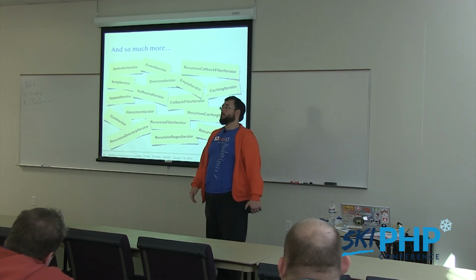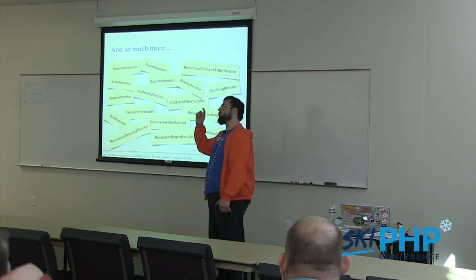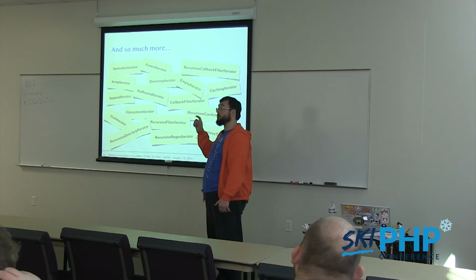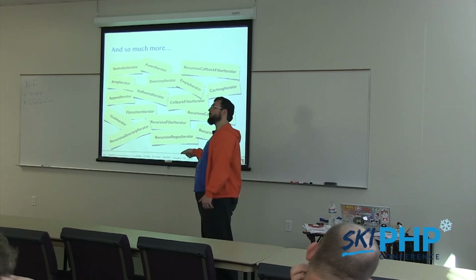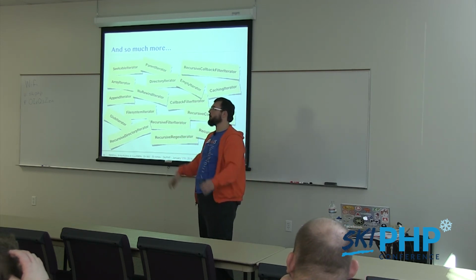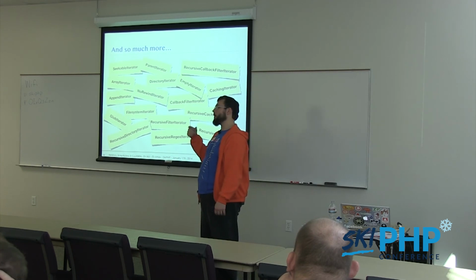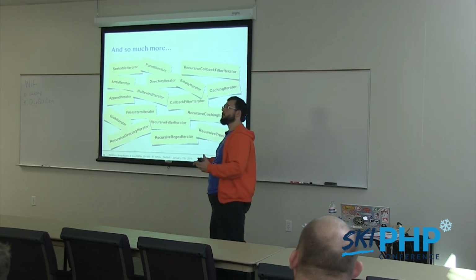What's the caching iterator? Caching iterator is actually, it gives you an extra method you can define for how to cache and retrieve from cache. So the idea is that if you iterate over something once, in the process, it stores those items in a cache of some sort. And then the next time you iterate over it, it pulls the items from cache instead of raw accessing the data.